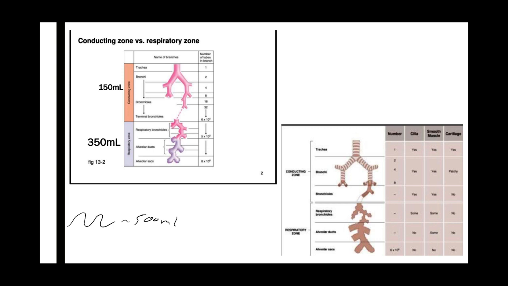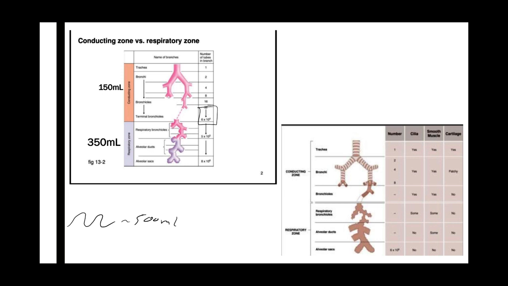It means more air. More air means more oxygen is being brought to the site of gas exchange, and more oxygen can get into our bloodstream. The reason that seemingly smaller structures can contain more air is because there's this branching that occurs.